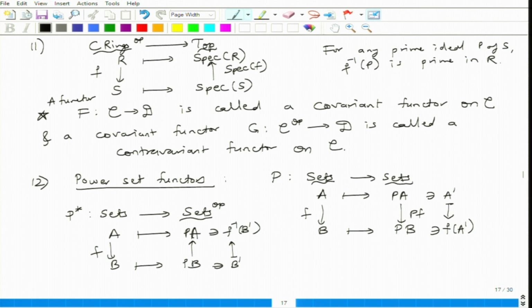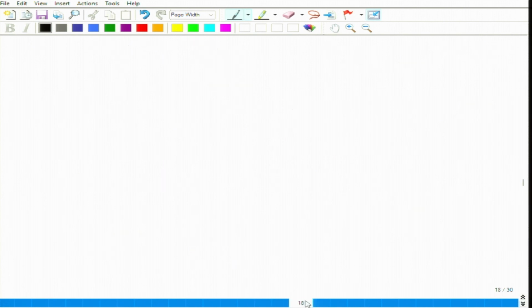There is one more functor that I want to talk about. Now, every functor from a category, so suppose, let me keep track of the count.